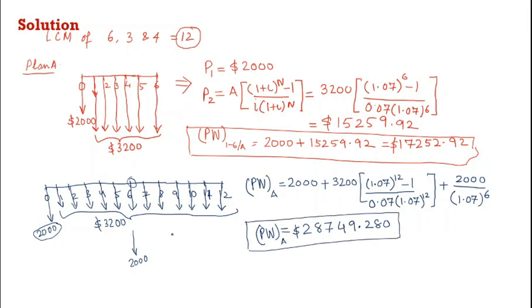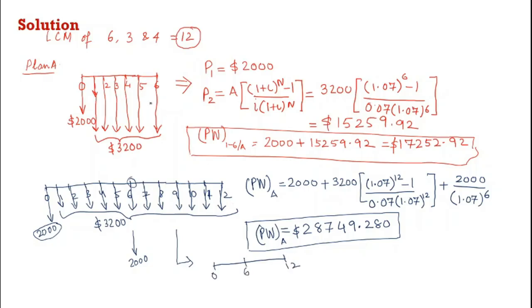Now if I look at this cash flow and I take into consideration this one, that is when I have calculated the present worth up to year 6, we can redraw it: 0, 6, 12.